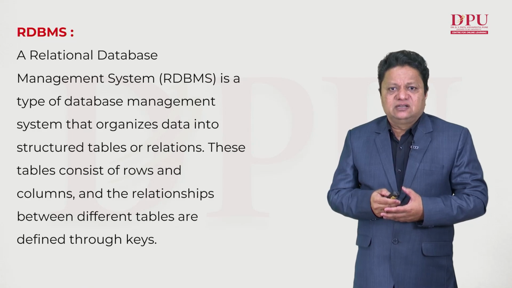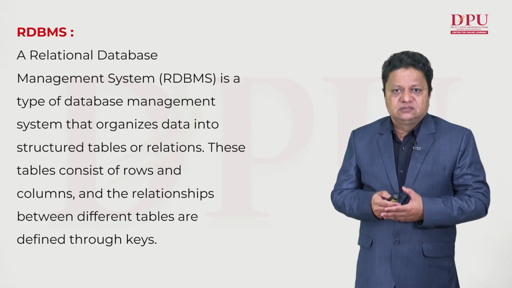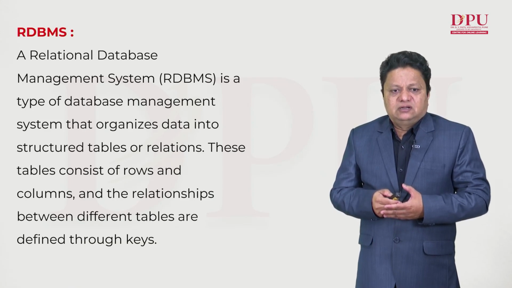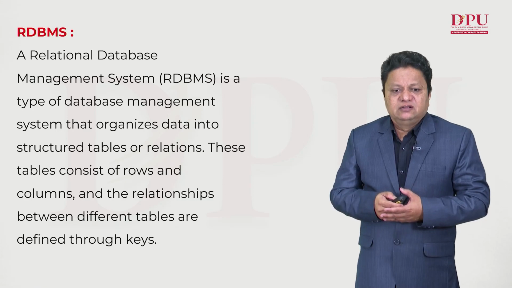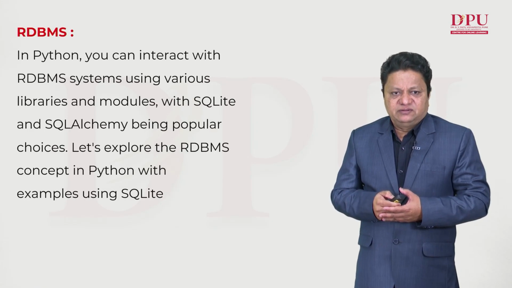So, when I say especially RDBMS, RDBMS is a relational database management system where data is stored in terms of tables. A table contains rows and columns, and in RDBMS it also contains the relationship between the tables, and the relationships are defined with the help of keys, that is foreign key and primary key.